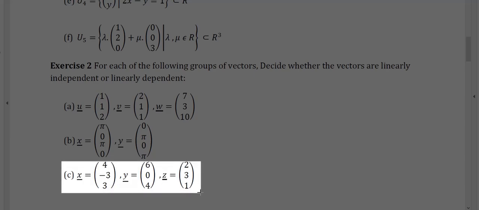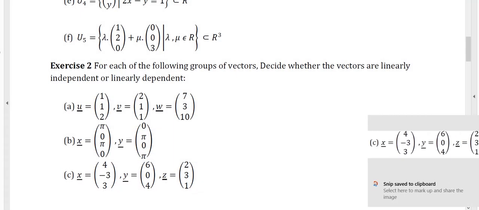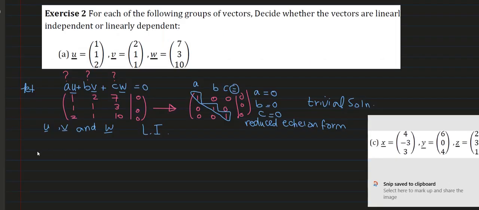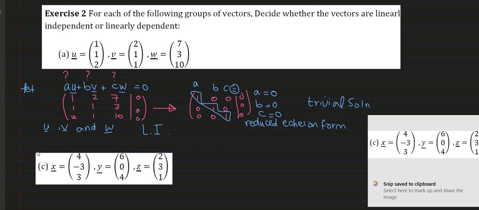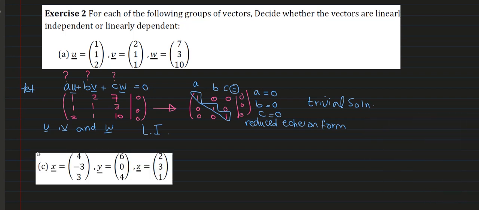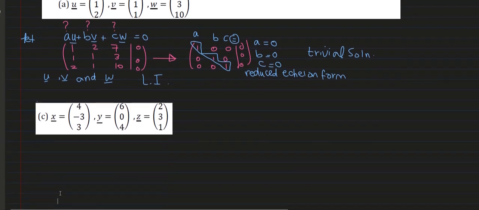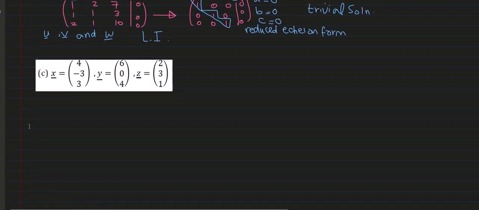Let's take that exercise here. So we have these three vectors, x, y, and z, and we need to test whether they are linearly dependent or not. If we are testing whether they are linearly independent or not, I will assume a linear relationship.